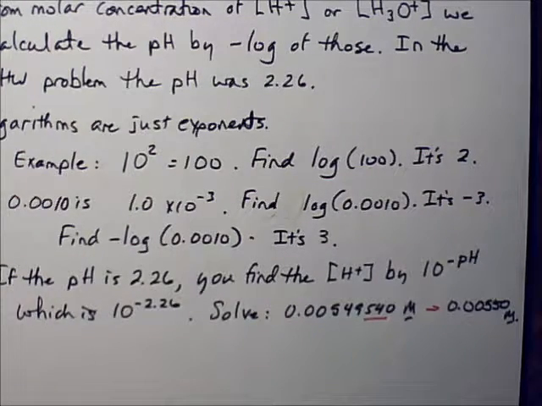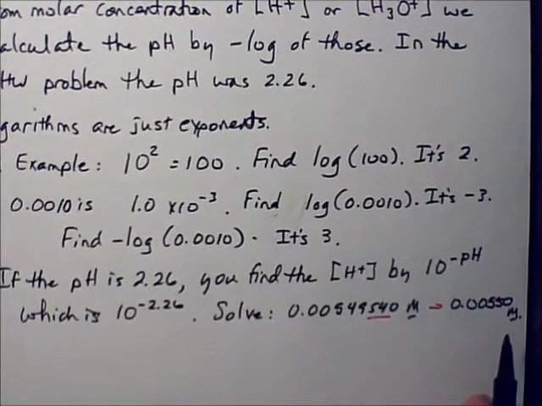What was the concentration of the hydrogen ion that we started with on the homework problem we just went over earlier? 549. Awfully close, isn't it?